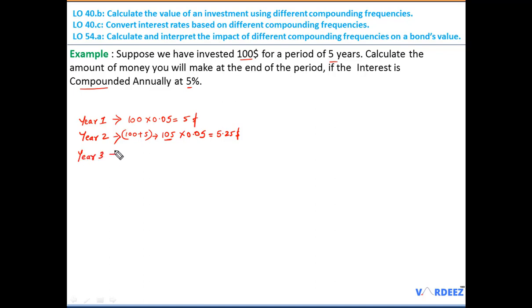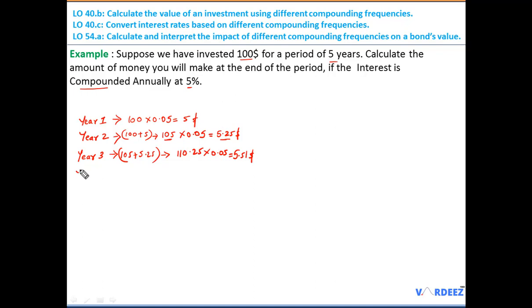So going forward to year 3, we have this 105 plus the amount of interest that we have already earned, so it's going to be 105 plus 5.25, which is 110.25, and on this investment we are earning 5%, so that is going to be $5.51.